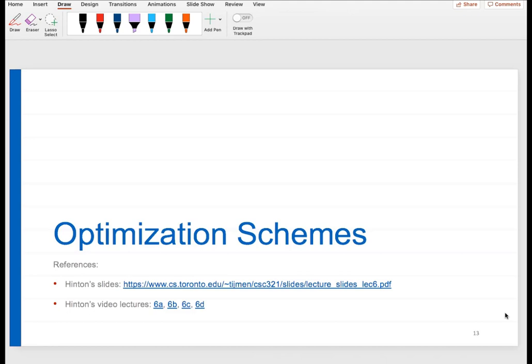Basically he gave these lectures in Coursera, and they became very popular because one of the techniques which he proposed in these lectures became very popular for deep learning. You have a technique called RMSprop, which is very popular for deep learning, but it has no reference. It was never published. It was in the lectures. So that's another beauty of these lectures.